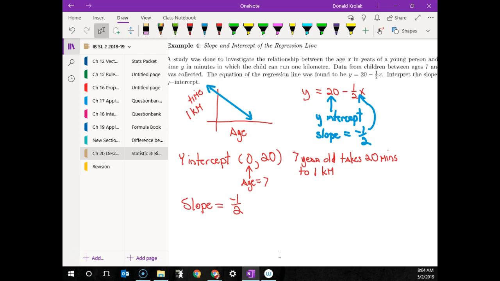So as their age increases by 2 years, time decreases by 1 minute.